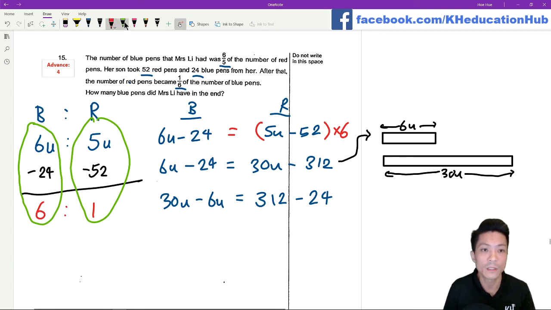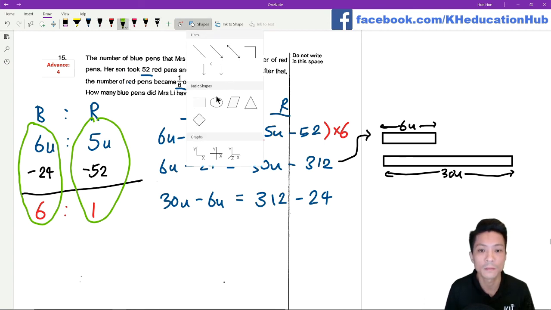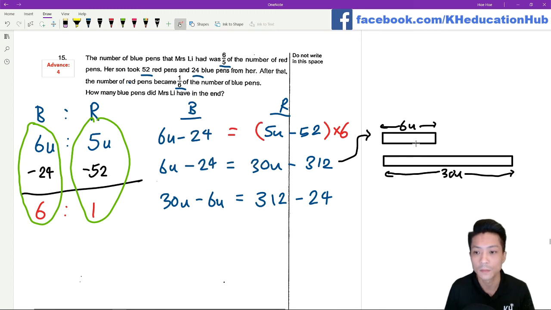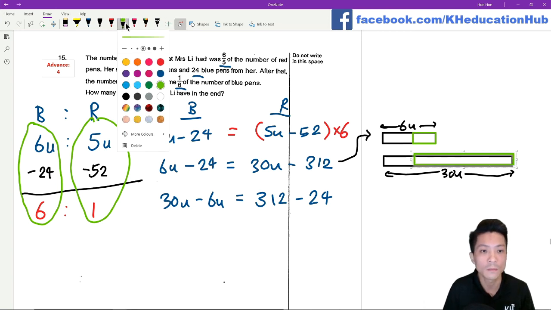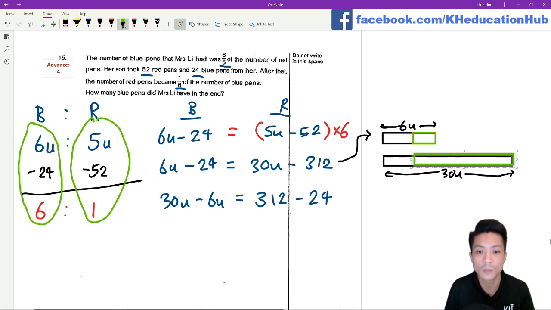If I subtract it by 24, I do not know how big or small 24 is, I'm just going to draw it over here. If I subtract the 30 units with 312, they will be the same. So this is 24. This is 312.